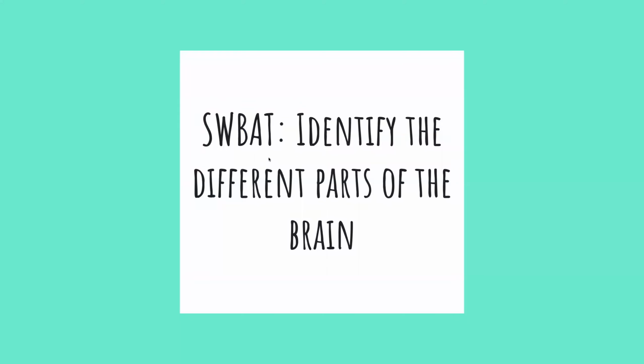So today our objective is that scholars will be able to identify the different parts of the brain. The brain is really the captain of our body. It controls everything we do. Last week we topped off our exercise science unit by doing research projects on professional athletes and the amazing feats they can do with their bodies.